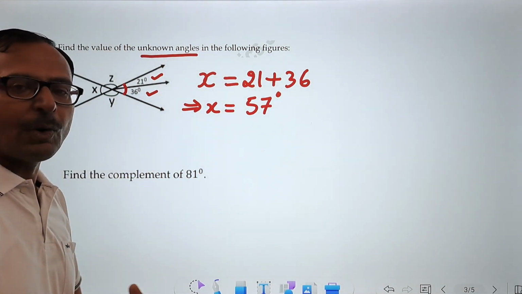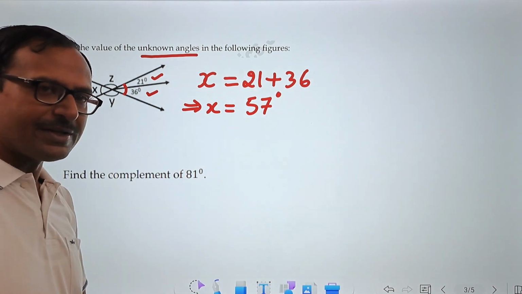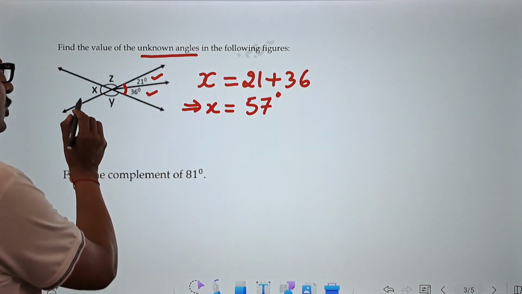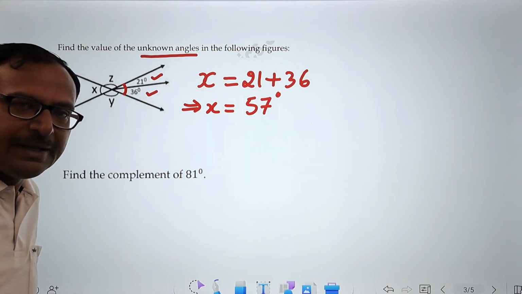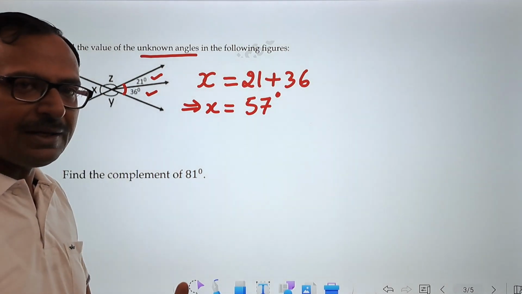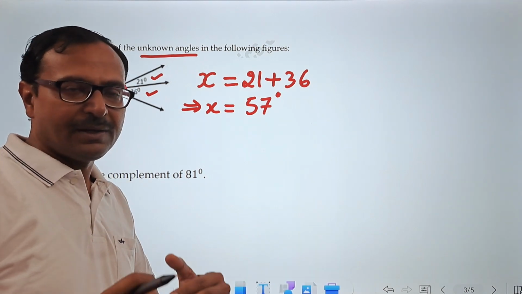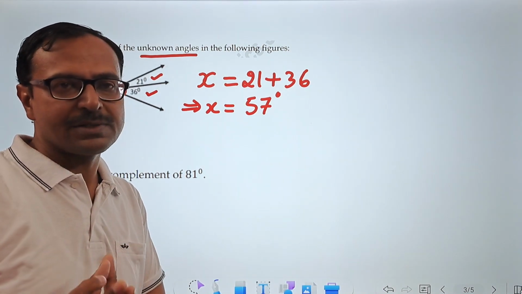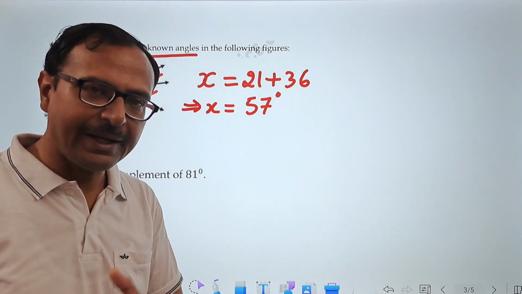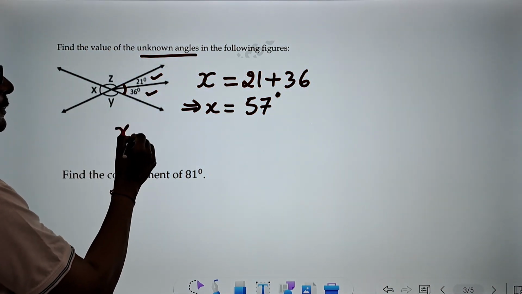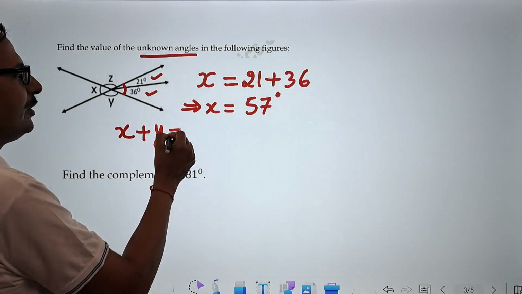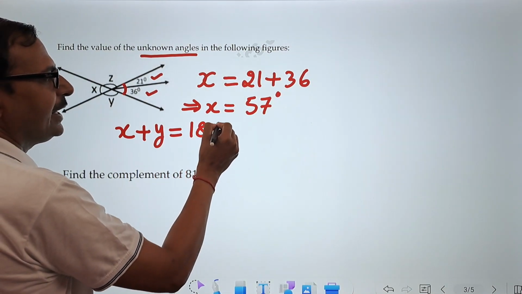After that, it is about linear pair. You know what is a linear pair? The two angles which are formed on a straight line, they form a linear pair. And what is the property in case of a linear pair of angles? The sum of those two angles is always going to be 180 degree. So if you see x and y, they form a linear pair. So x plus y will be equal to 180 degree.